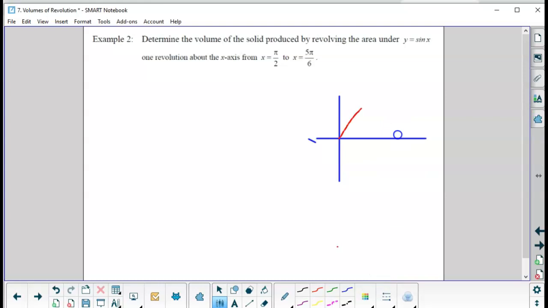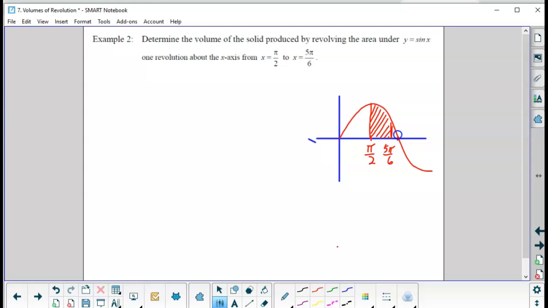So, there's your sine function. And we want to go from pi over 2 to 5 pi over 6, which is just short of pi. So it's going to be in here. This goes up here, and this is 5 pi over 6.